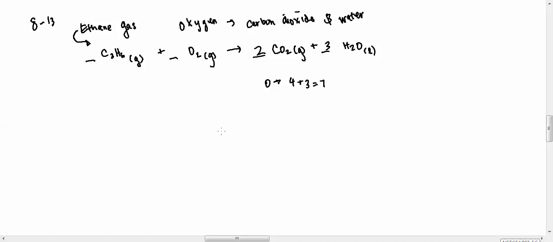Now that's a little weird. If on the right side it had 6 oxygens, let's say some even number, then this would actually be really nice, because since oxygen comes in pairs like that, all I need to do is multiply it by the number 3, and that would bring it up to that even number. The problem that I have here is I'm dealing with an odd number on the right-hand side.